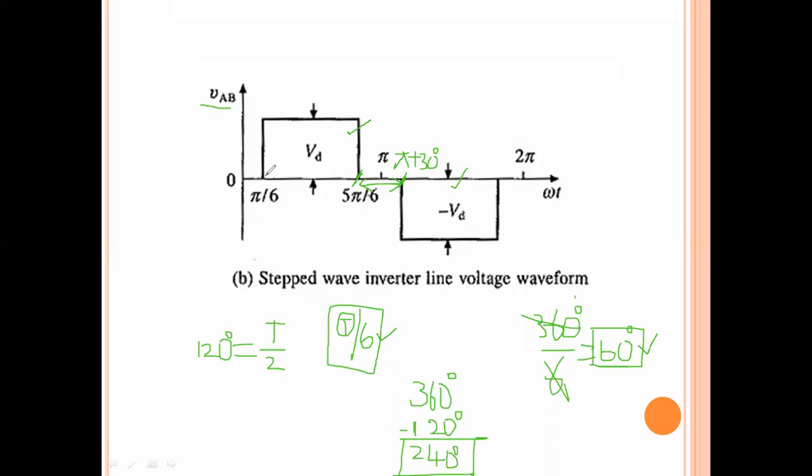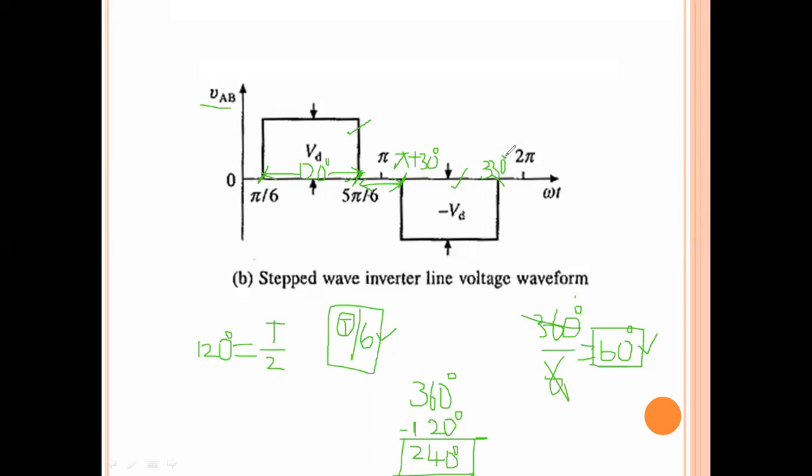Now let's see here. This square pulse starts at pi by 6, which means 30 degrees, and it ends at 150 degrees. So 30 to 150 is a 120 degree conduction duration. And here also you can see this negative square pulse starts at pi plus 30 degrees, which means 210 degrees, and it ends at 330 degrees.